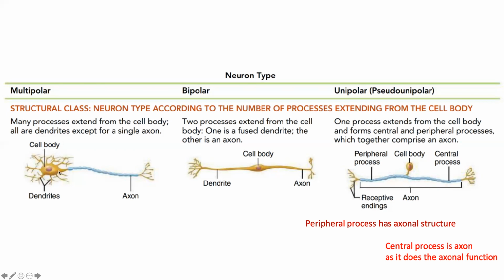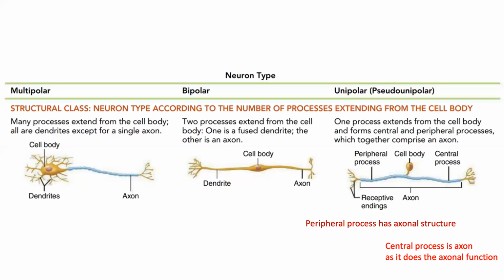And finally, that will generate an action potential, and that action potential, as an electrical impulse or nerve impulse, will be carried along the axon, and it will go to the terminal endings, which are called terminal arborizations or terminal boutons.